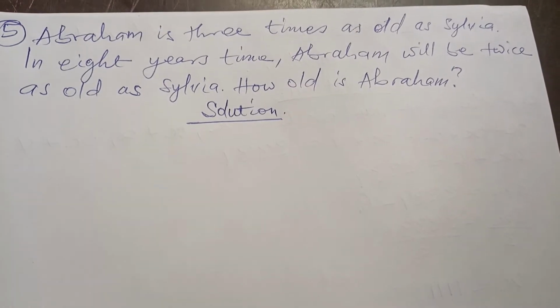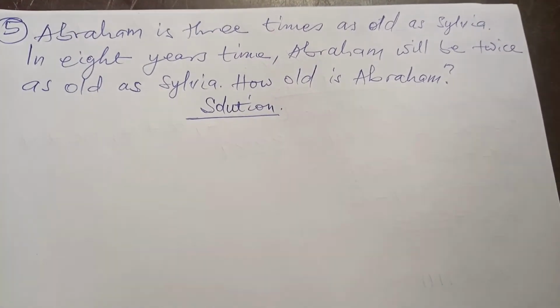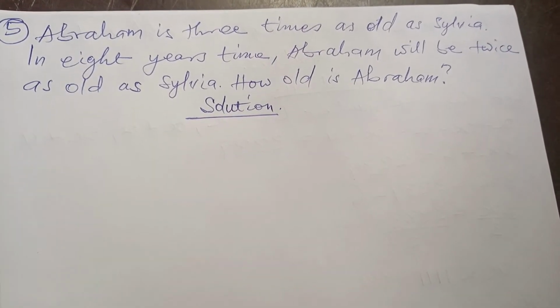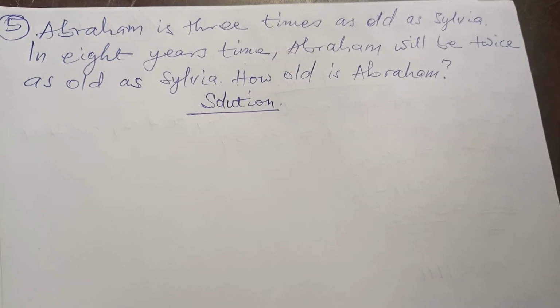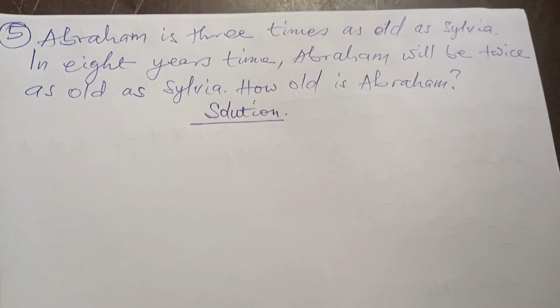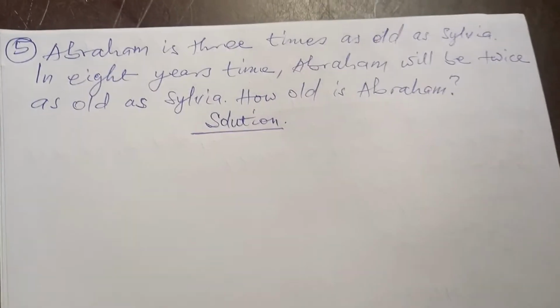That will make it a little more difficult for us, but rather we link the two ages. So the question is saying that Abraham is 3 times as old as Sylvia. It means that if we know Sylvia's age, we just multiply Sylvia's age by 3 to give us Abraham's age. So that's what we are going to do.